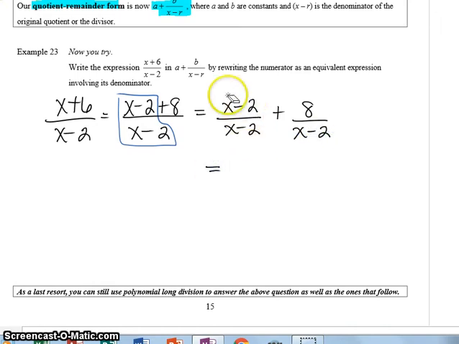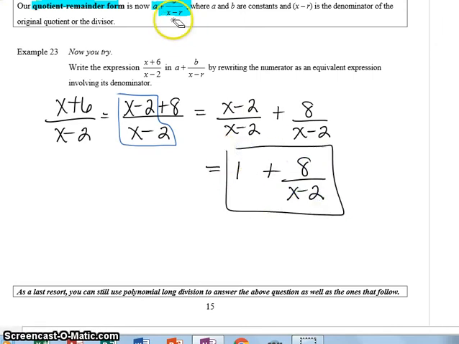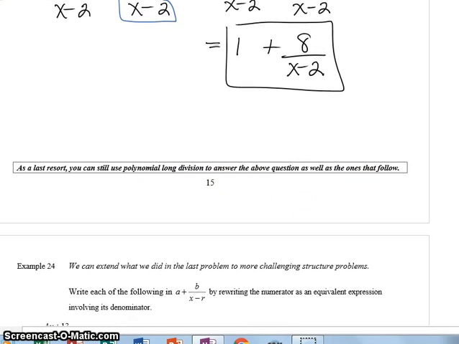So what does that mean? This whole thing really changed to a 1, but then I have plus 8 over x minus 2. Okay, so that is the whole quotient remainder form that it asked me to go into. It says, as a last resort, you can still use polynomial long division to answer the above question as well as the other ones that follow.